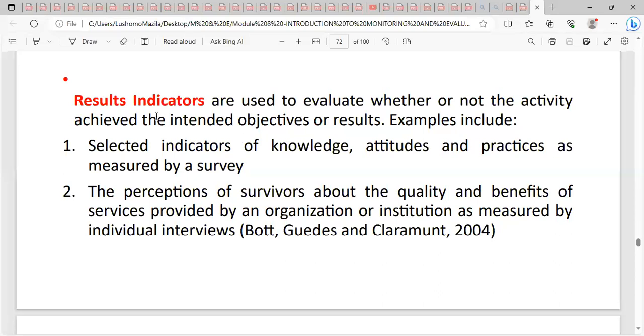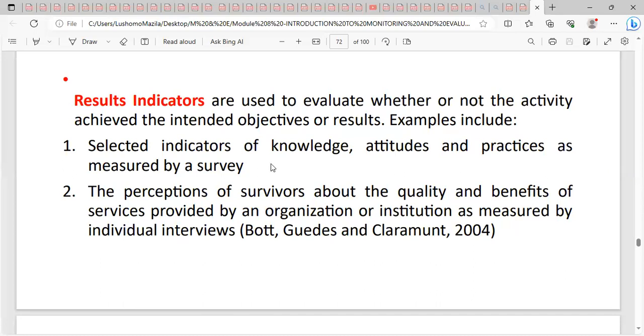We are told that results indicators are used to evaluate whether the activity achieved the intended objective or results. So we are evaluating whether the activities achieved the intended results.